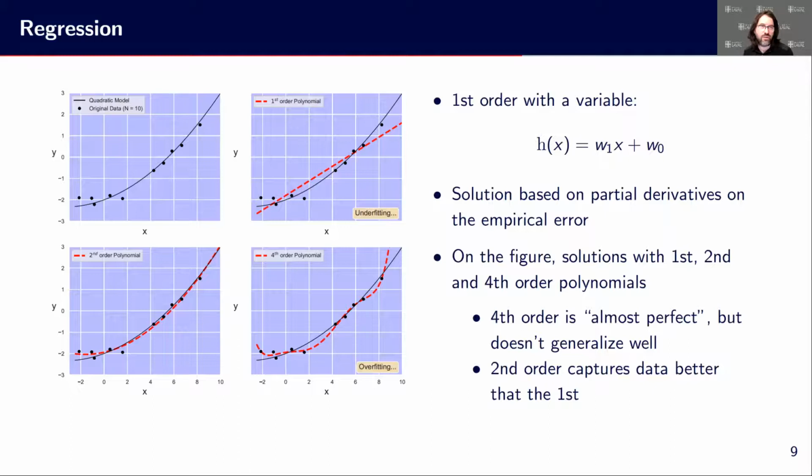We can see here on the figure that we have the ground truth. So we have a quadratic model with the points. This is the basic element, and the points are the real data that we collected. If we are using some first order polynomial, so this is like the dashed red here, we get this line, these straight lines.